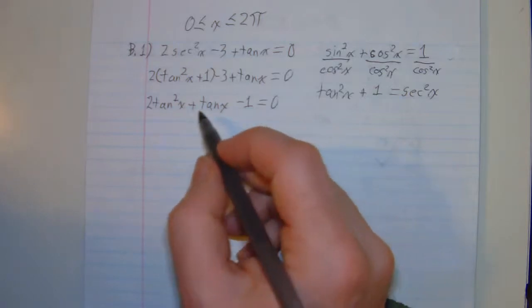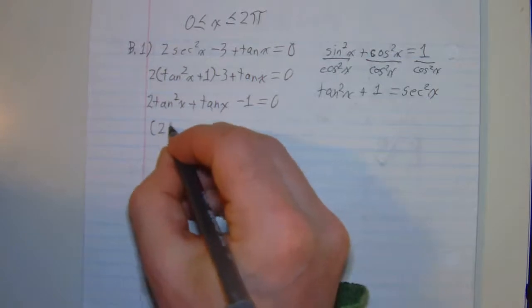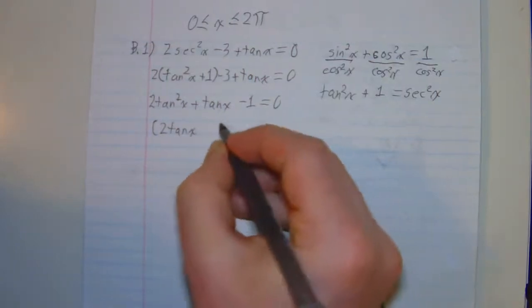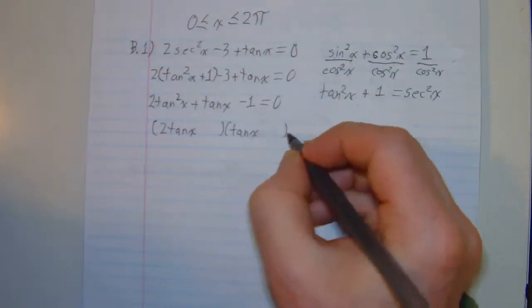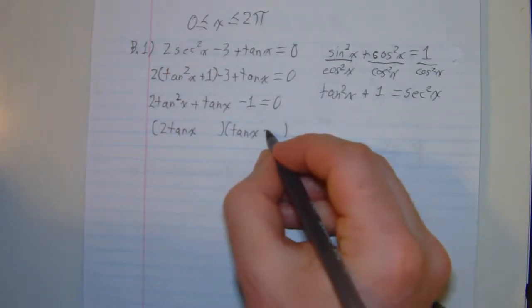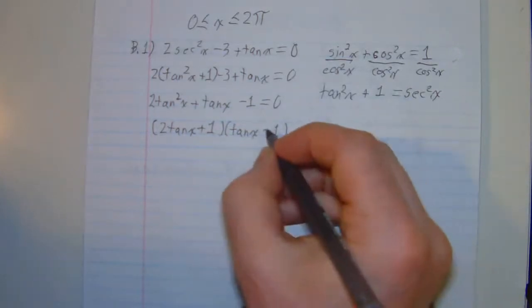Two numbers that, oh, we got the 2 going on. So 2 tan x, something, something, tan x, something, something. So if it's negative 1 here, plus 1 here, other way around.